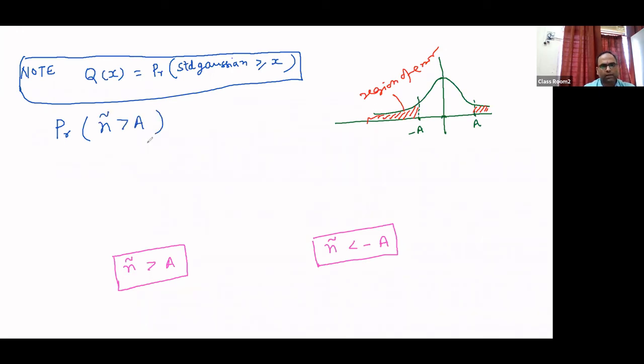Listen carefully. What is the meaning of standard Gaussian?